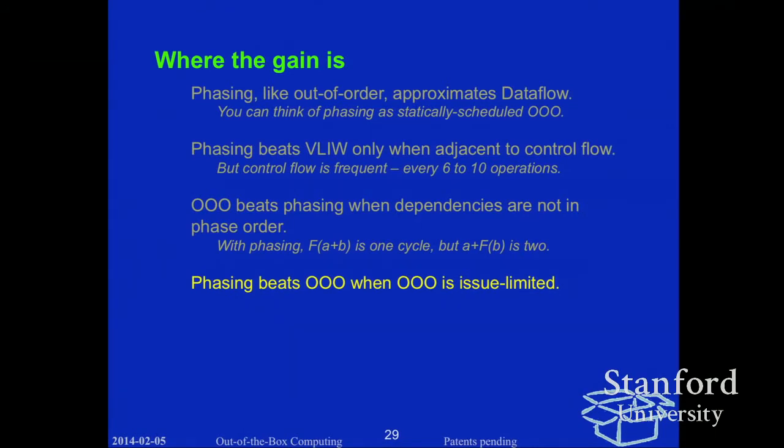Phasing beats out of order when the out of order machine is issue limited. The Mill is very, very wide, and out-of-order machines are hitting hardware limits which preclude having issue widths of more than about 8. Haswell, I think, is 8, for example. So if you want to put together data flows which together would be a dozen operations, you're issue limited. You can't do that on an out-of-order machine.